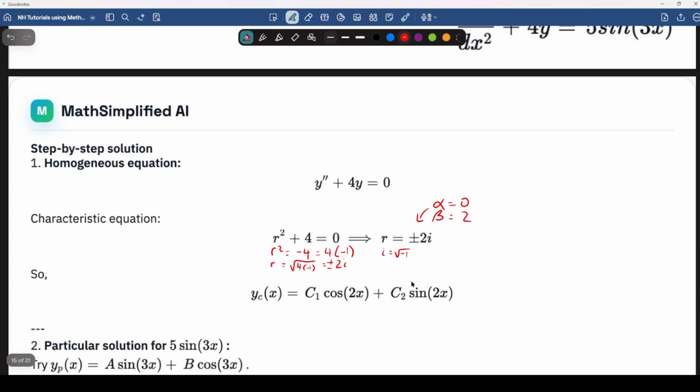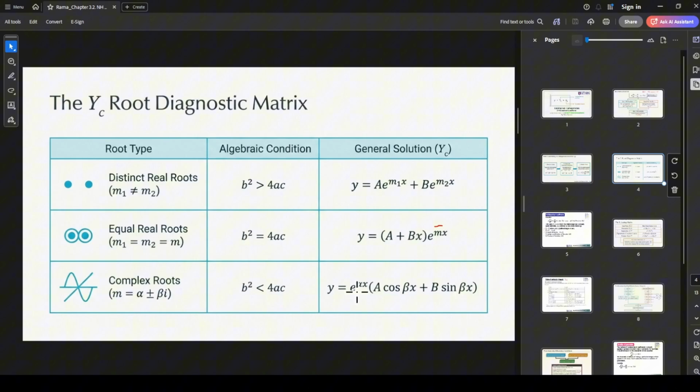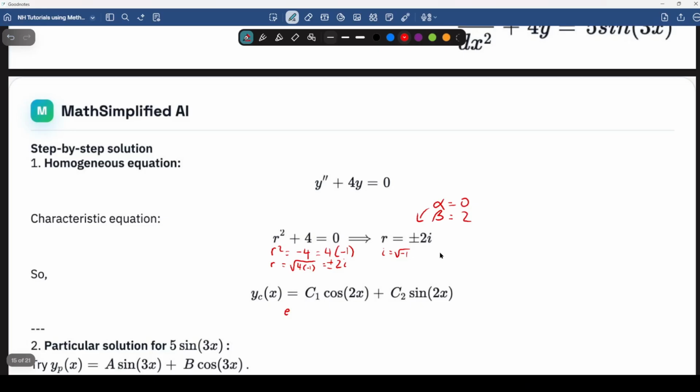Alpha will be 0, sorry, and beta is 2, because of 2x. Check there: e to the power of alpha x, alpha is 0, so 0x, and e to the power 0 is equal to 1. So this only gives you c1 cos 2x plus c2 sin 2x.